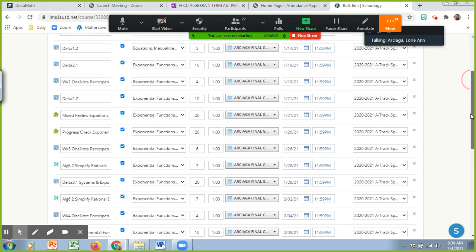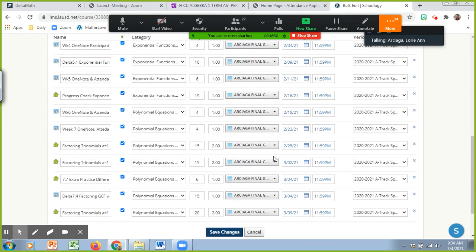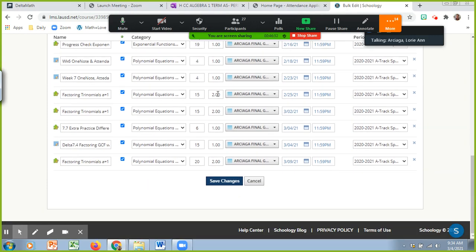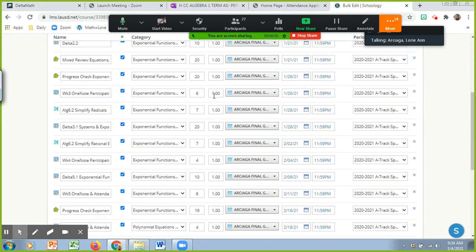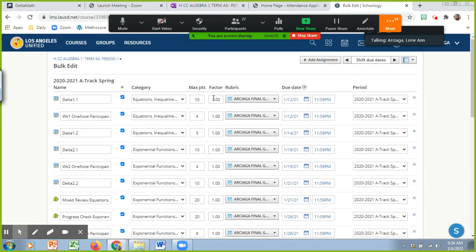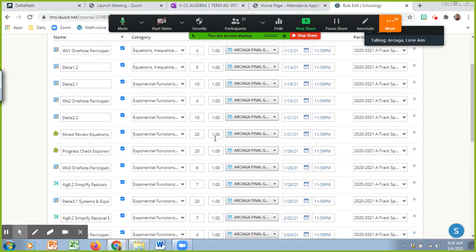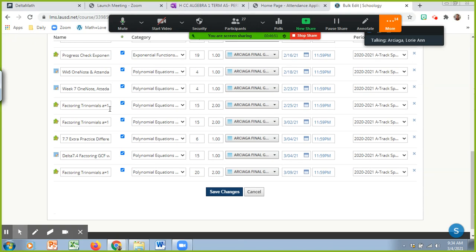Okay, here. So if you guys look at the bottom, you see this? Those that are factoring sets, I changed their factor, meaning weight in Schoology, right? So originally everything is equally weighted. The factor is 1, right? But those factoring sets, because I really, really, really want you to practice on this one.